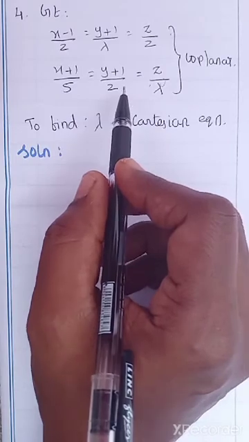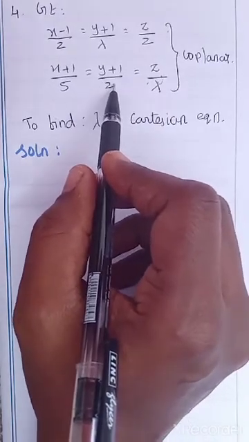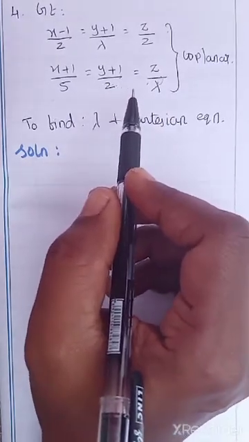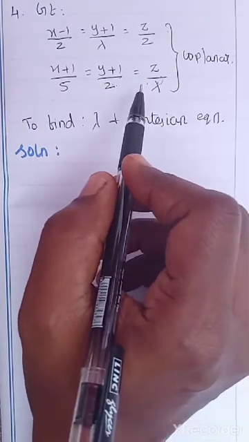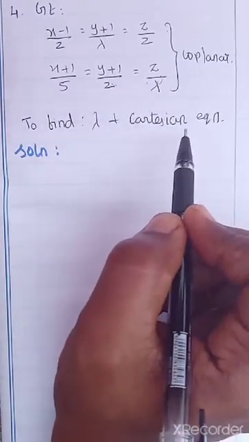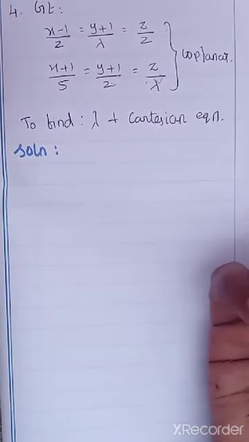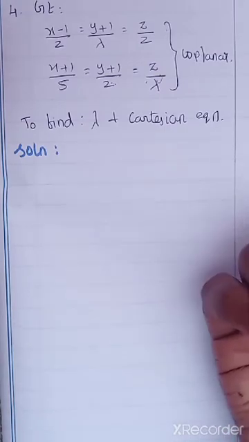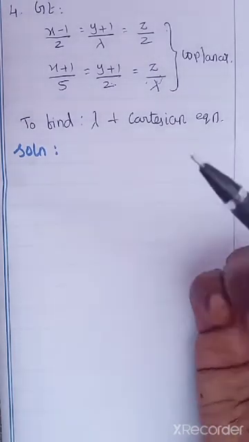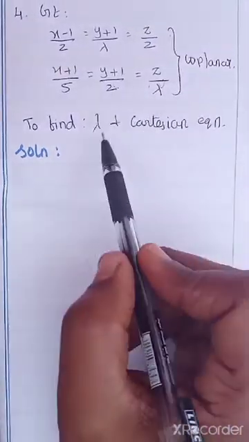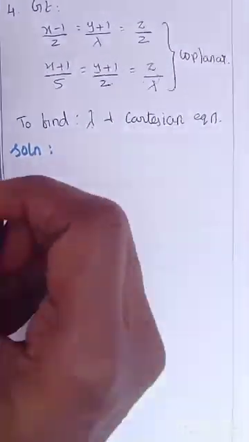The determinant of x2 minus x1, y2 minus y1, z2 minus z1, and L, m, n equals 0. For the Cartesian equation, x minus x1, y minus y1, z minus z1, L1 m1 n1, L2 m2 n2 equals 0. So it is the same as your second problem.